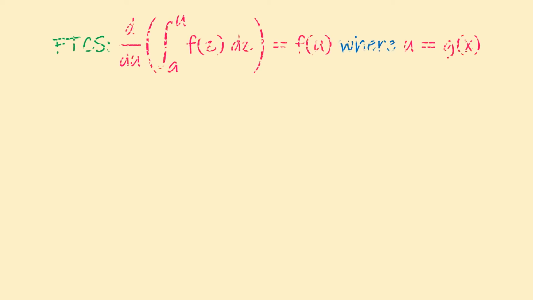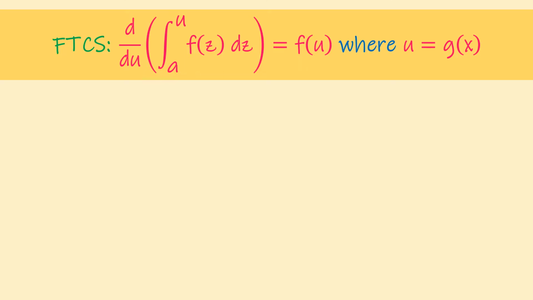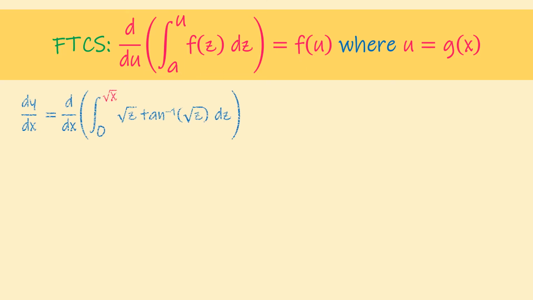In this problem, we will apply the fundamental theorem of calculus with substitution. That is, we replace the function in the limit of integration with another variable. In the given problem, let u be equal to the square root of x.